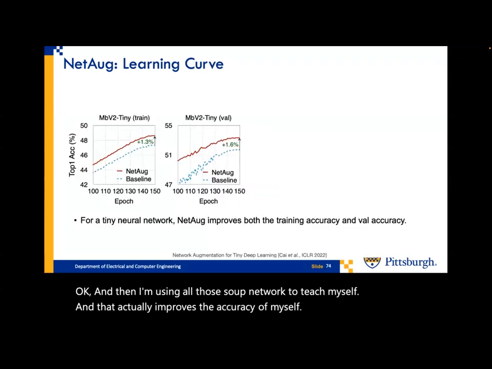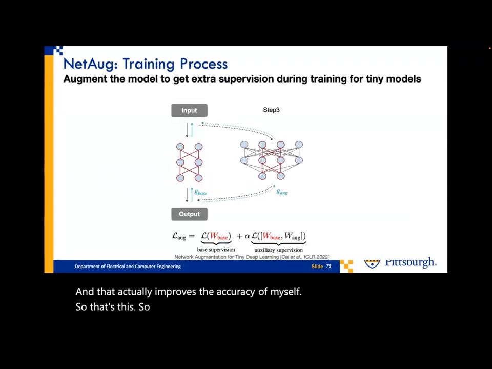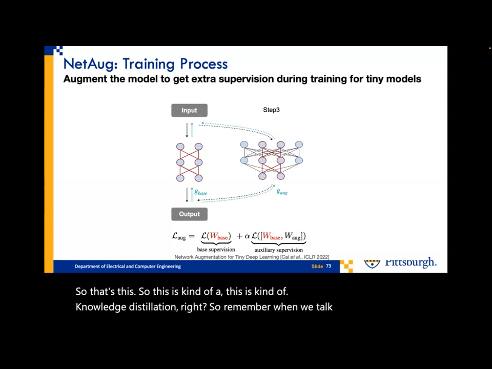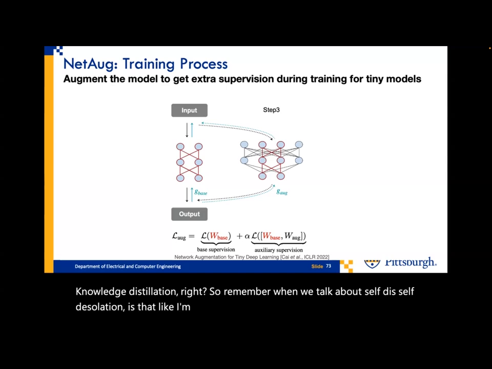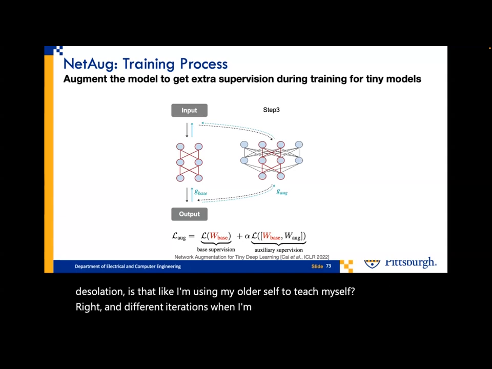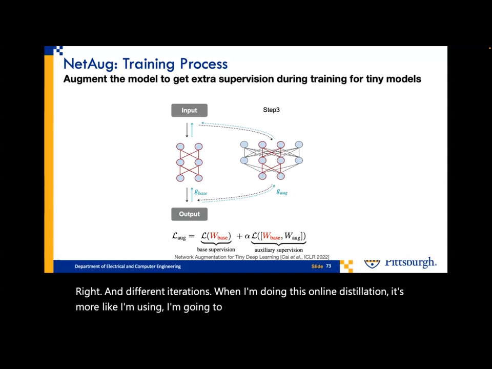So this is kind of knowledge distillation, right? Remember when we talked about self distillation, I'm using my old self to teach myself in different iterations. When doing online distillation, it's more like I'm going to create multiple students and ask the students to teach each other.